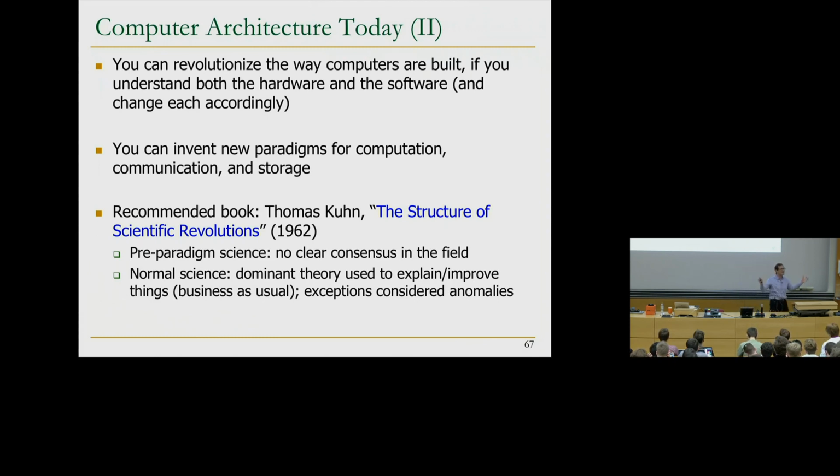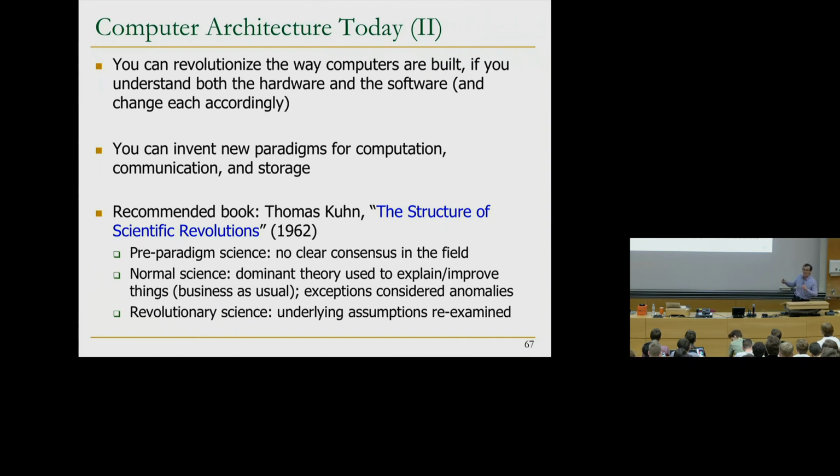Now exceptions become the dominant part, and the dominant theory becomes not so dominant anymore because it cannot really execute these workloads or explain things. So I'm mixing science and computer architecture right now, as you can see. At some point, there is no consensus in the field, meaning you don't have a dominant theory, a dominant way of designing things.